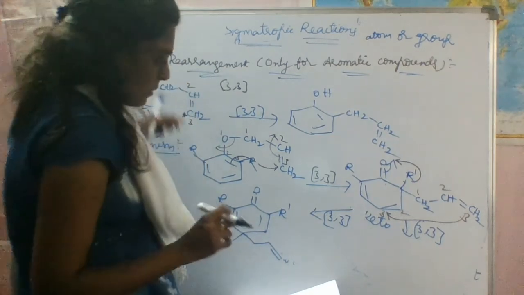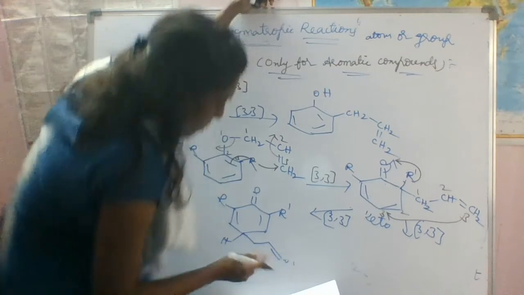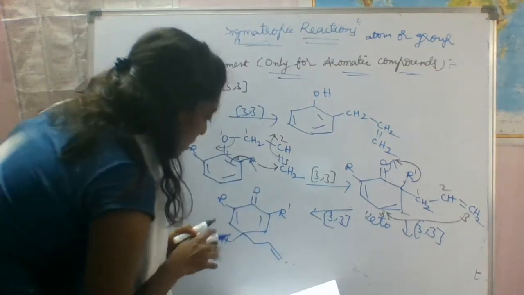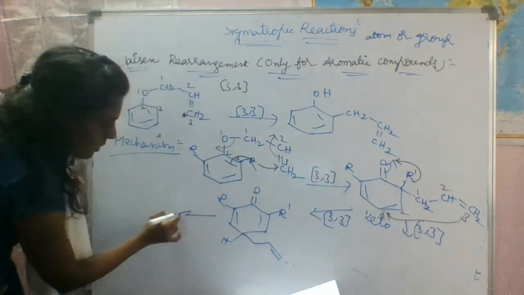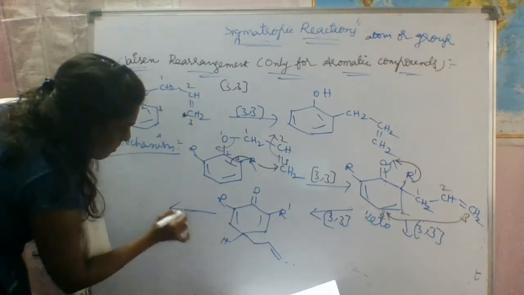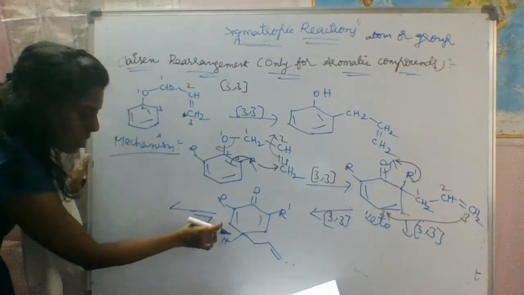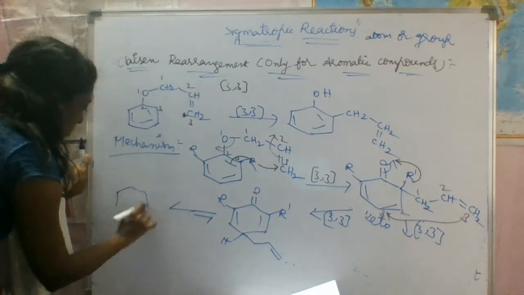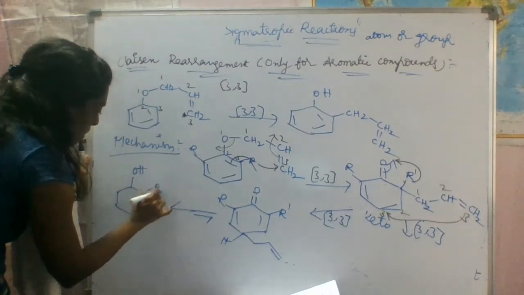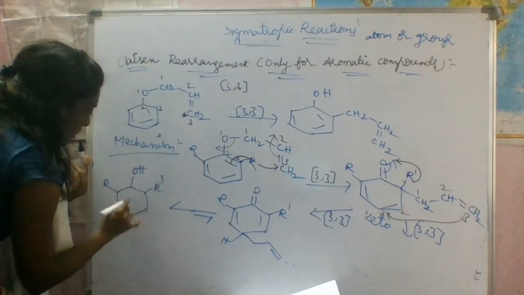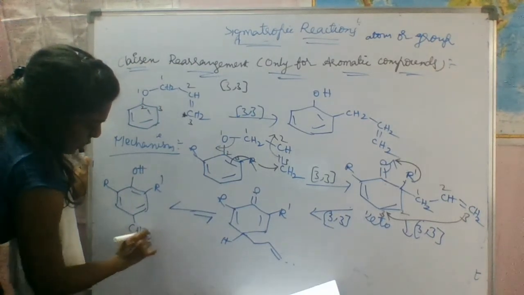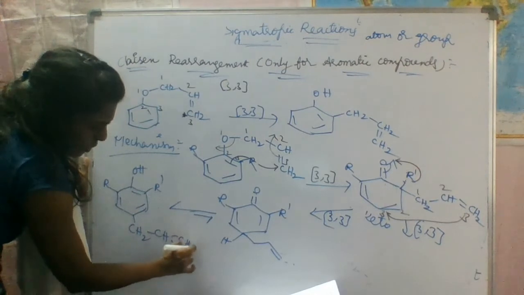Next, this one. Okay, next, this is the least stable because keto form is there, no? OH R, R1, here what will be here? CH2 CH double bond CH2 is there.